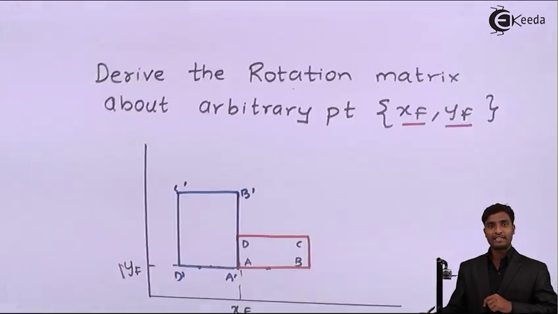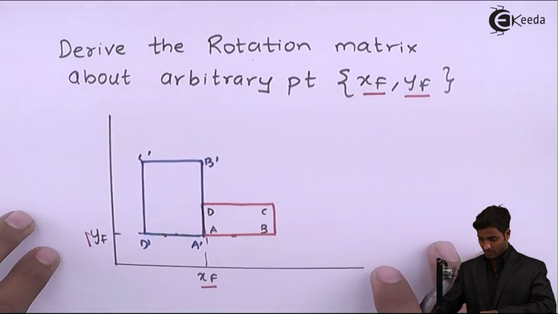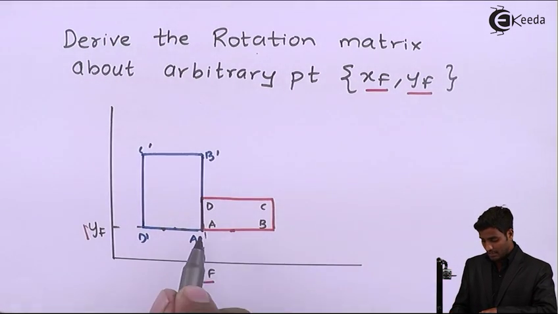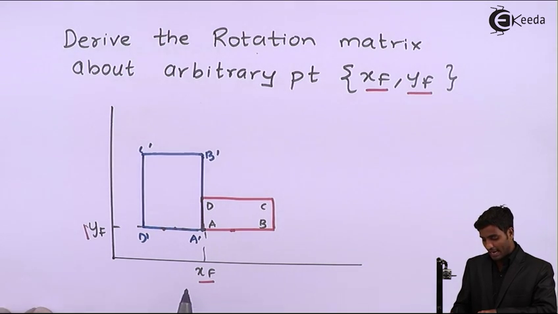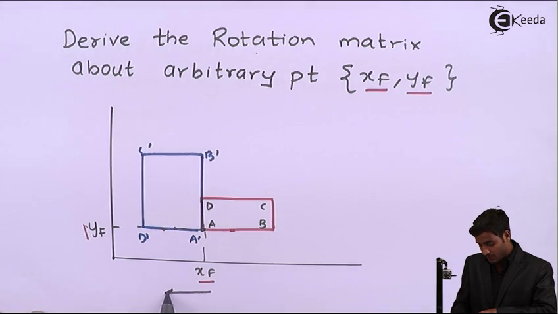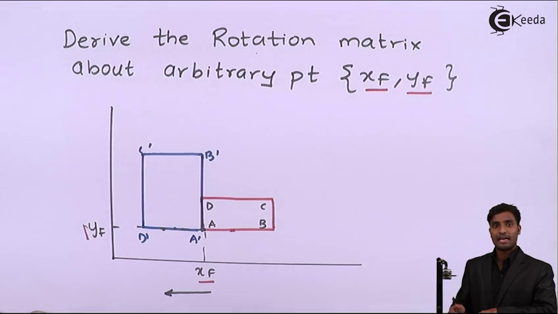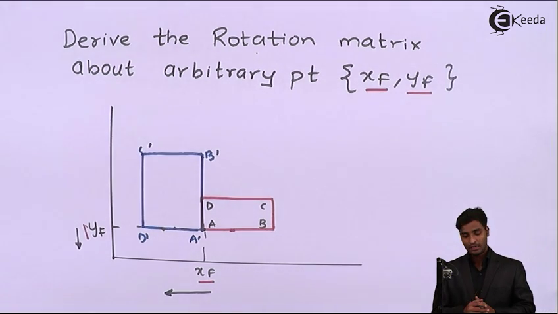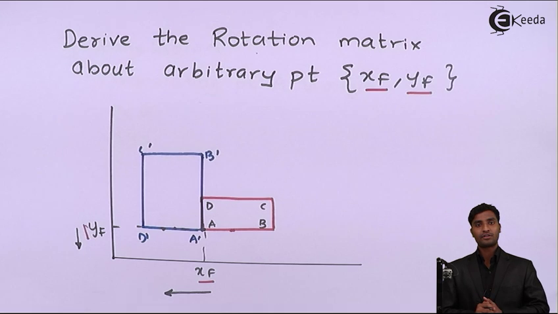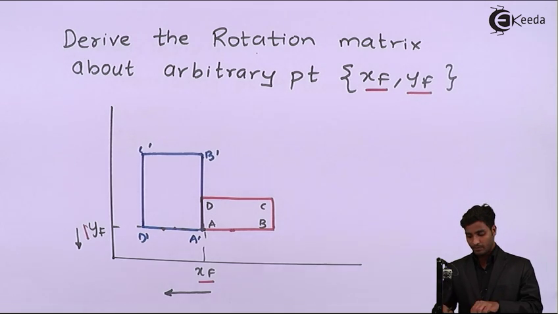Since I have to bring this point to the origin, I am moving from right to left, that is towards the negative direction, and downward. So for Tx I have to cover minus xf units, and for Ty I have to cover minus yf units.